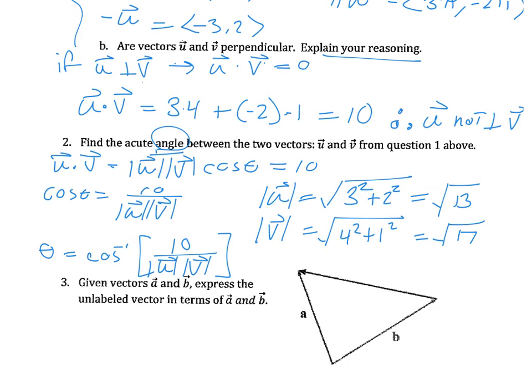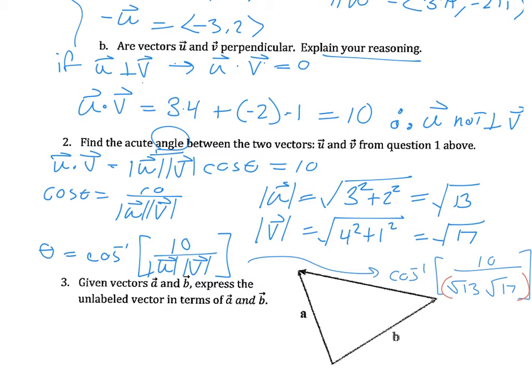So finally, I can run out of room here. Let's call this the inverse cosine of 10 over root 13 root 17. When you do this question, or something like it, make sure when you do this division that you're dividing by the product of root 13 and root 17.